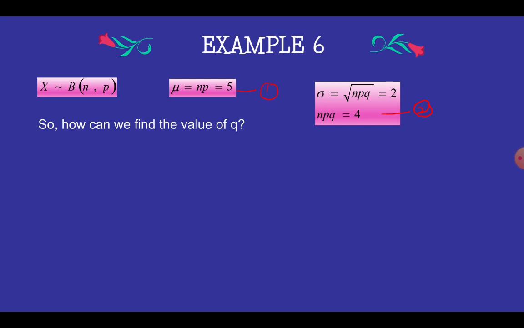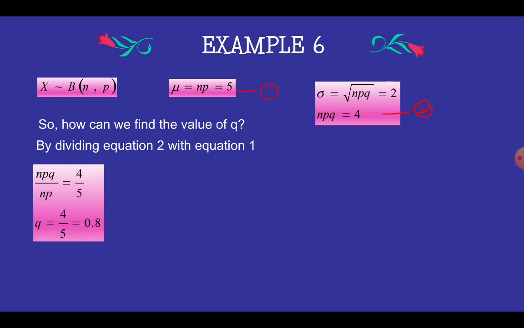So the answer is we can divide equation 2 with equation 1. Okay, we can divide equation 2 with equation 1. So this is equation 2 divided by equation 1. So we will have npq over np equals to 4 over 5. So when we divide npq with np, we can only have q. So our q is 0.8.